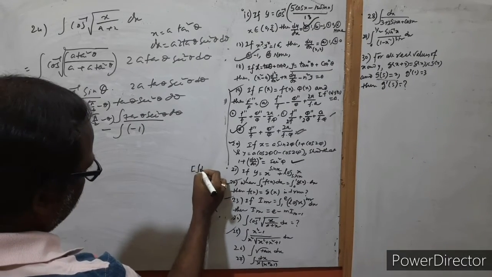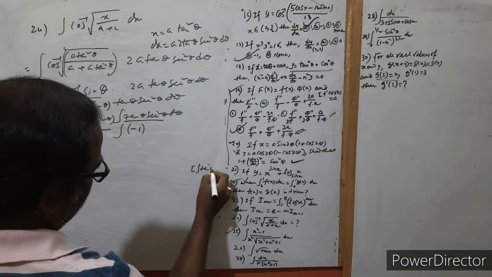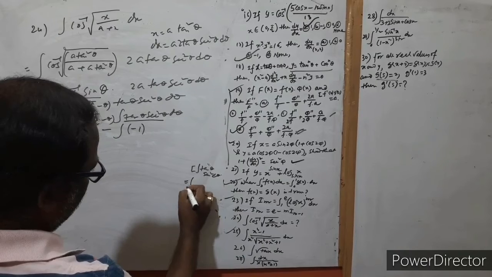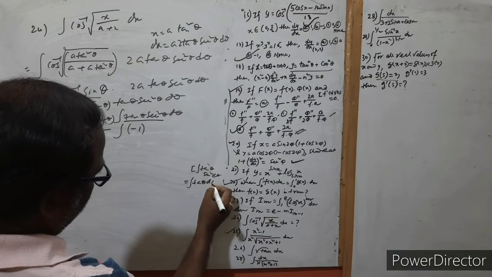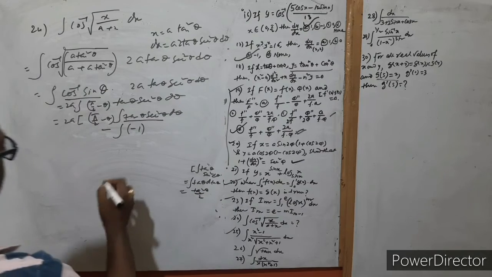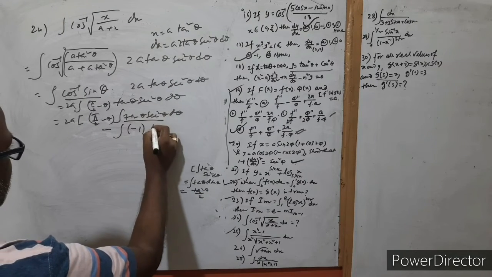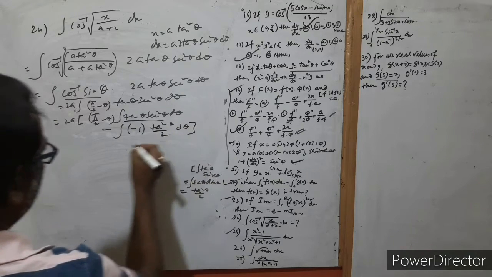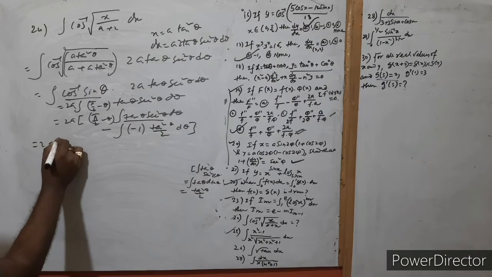So see, this is tan θ sec square θ dθ, and that is equal to tan θ and d of tan θ. This is tan square θ by 2. So actually if we integrate this, we get here tan square θ by 2 dθ. Okay, now this is twice a.